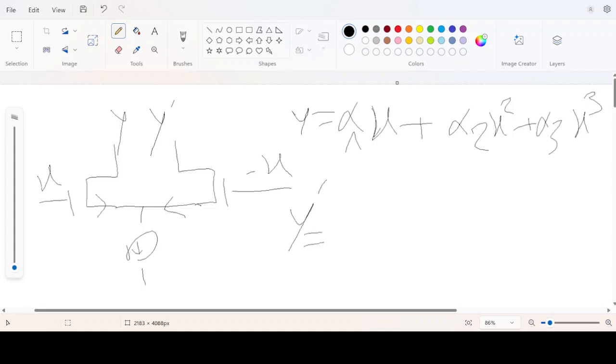And we can define y prime as minus alpha 1 x, because we are defining this part, and alpha 2 x squared, no negative for this one, and then alpha 3 x cubed with a negative sign.